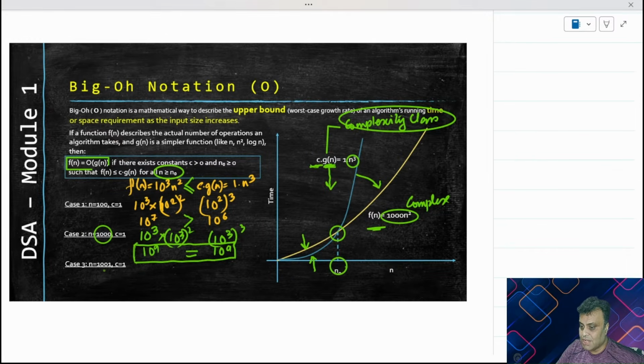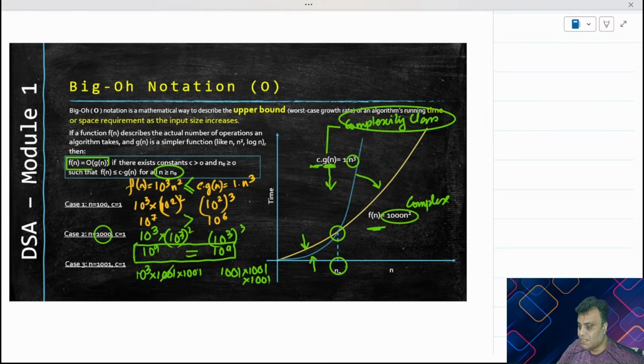And if we go one step ahead, we will see that it crosses. So let us take n as 1001. So we have Fn as 10 to the power 3 into 1001 into 1001. And on the other side, we have 1001 into 1001 into 1001, because we have n cube.